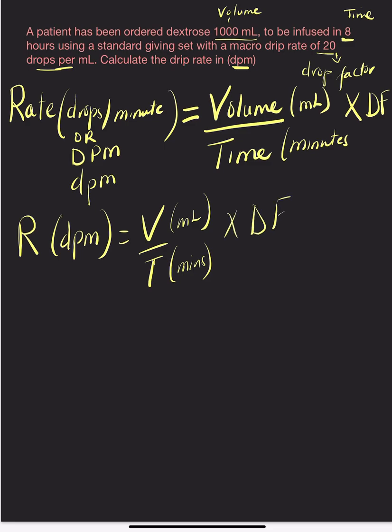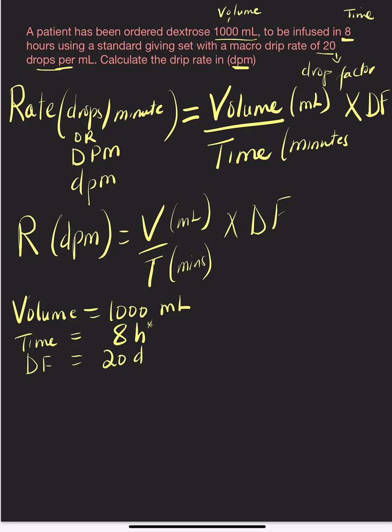Because we have our question at the top, for sure we have our volume, which is 1,000 milliliters. Then we have the time, which is 8 hours. Remember, this needs to be changed to minutes. And then we have our DF, which is 20 drops per mil.